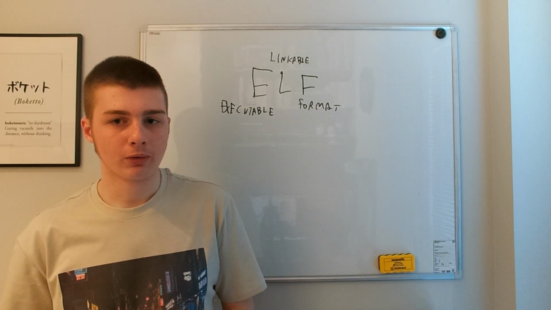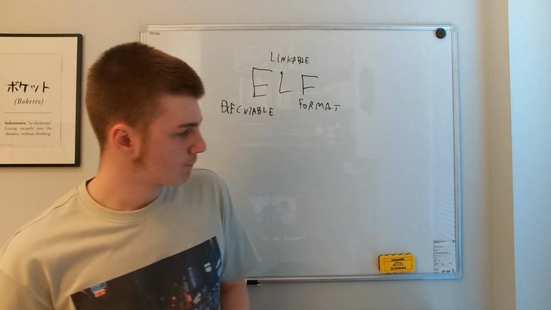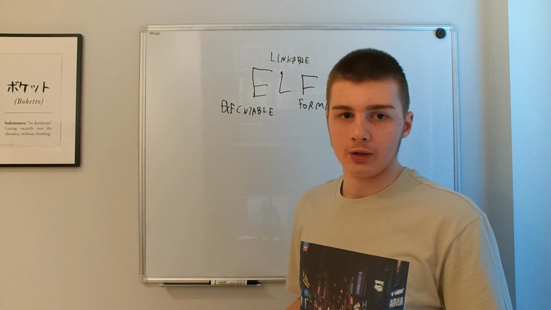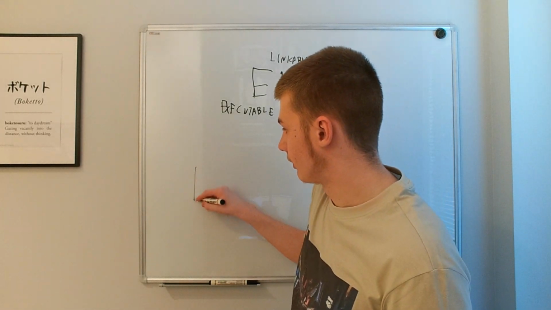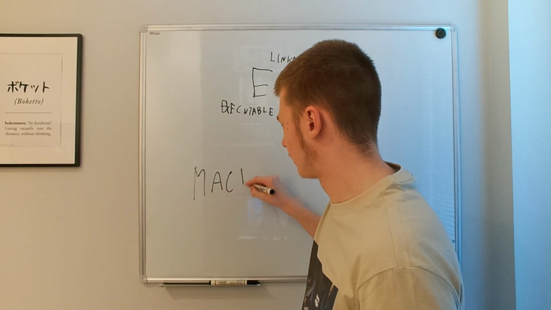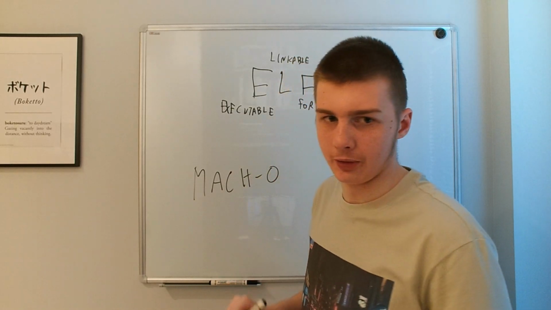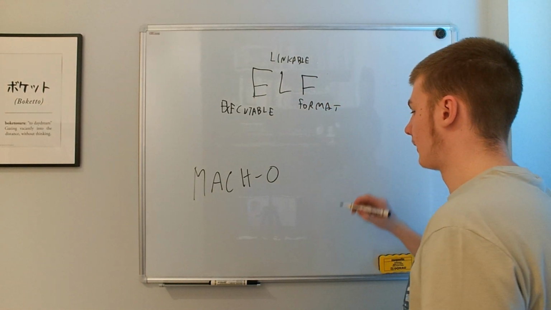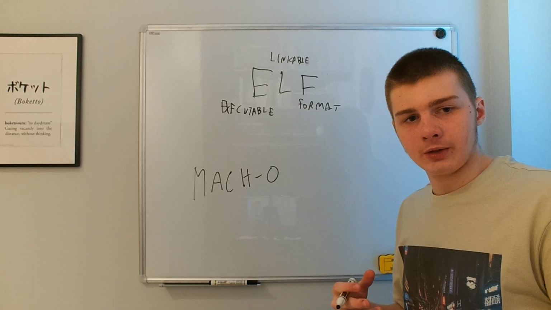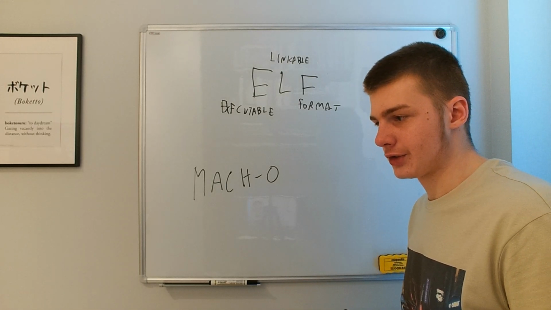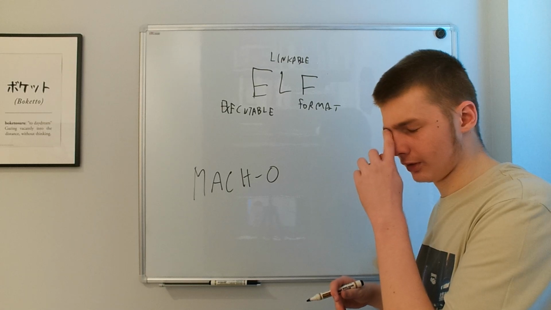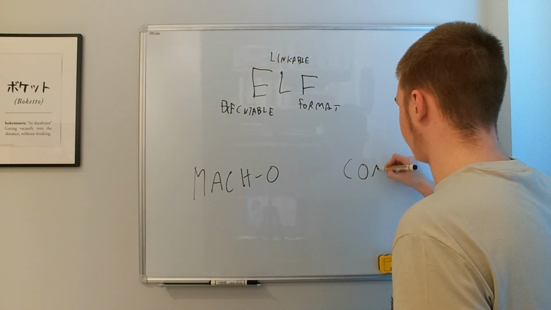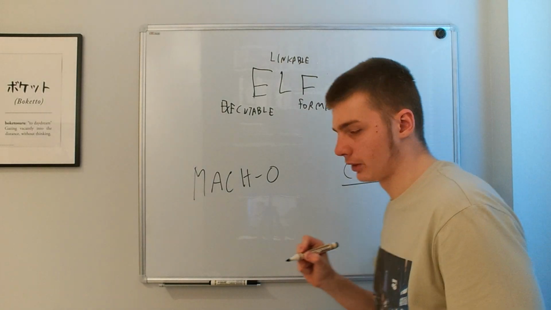Some other formats were around. ELF is used on Linux machines. If you have a Mac machine, it uses this sort of strange executable format called Mach-O. Windows, generally Microsoft DOS systems, they often use an executable format called COM.